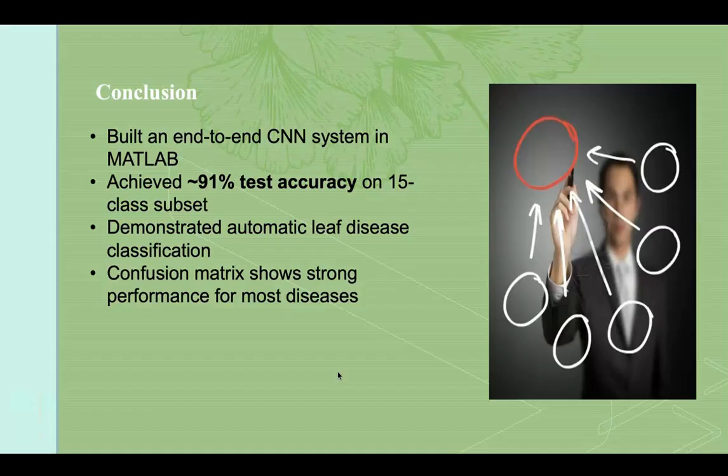The system performed well even without a deep architecture or GPUs. The results show that deep learning can be a practical tool for early plant disease detection. Overall, this project helps us understand not only CNNs and image processing techniques, but also how these methods can be applied to real-world agricultural problems.